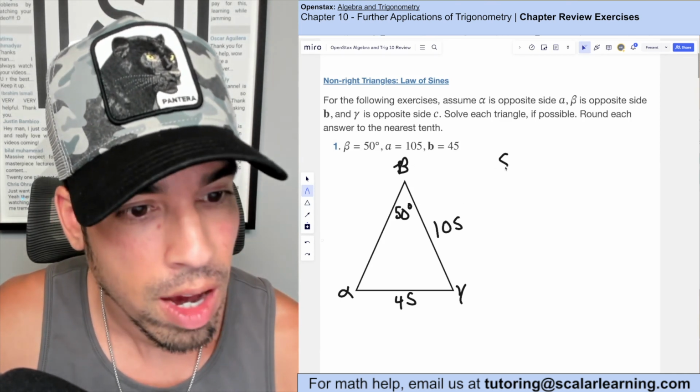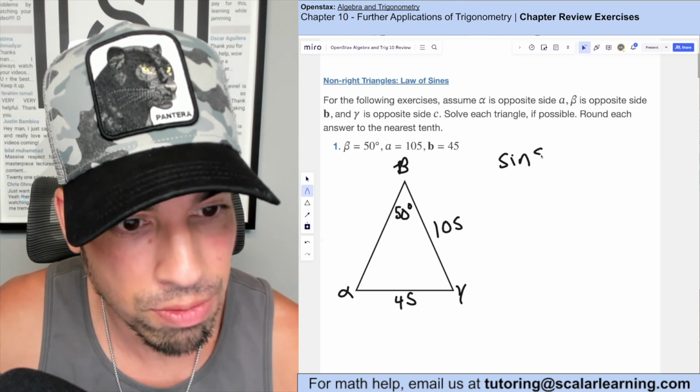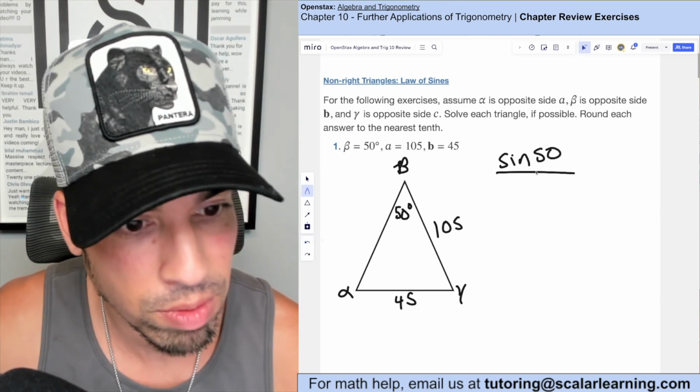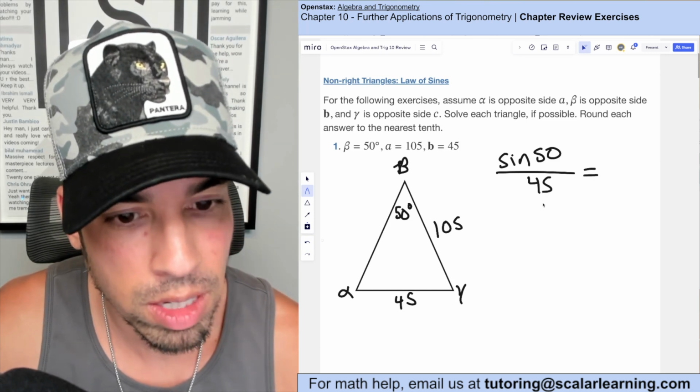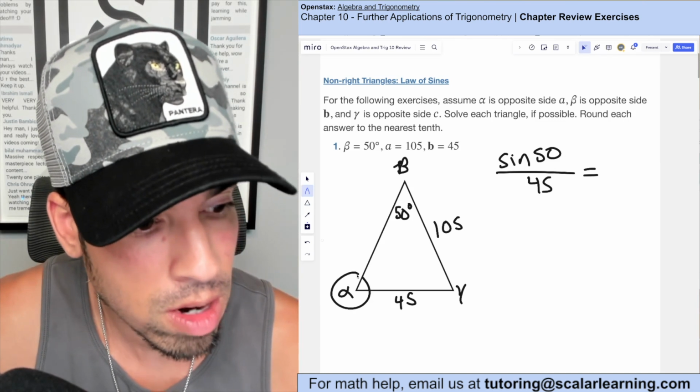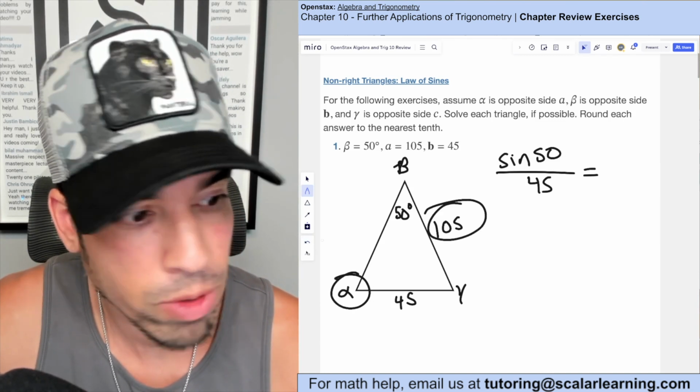So check this out. I can say sine of 50, this is the law of sines. So sine of an angle over its opposite side, so sine of 50 over 45 must equal, and again, this is legit even if it's not a right triangle, sine of another angle over its corresponding side.